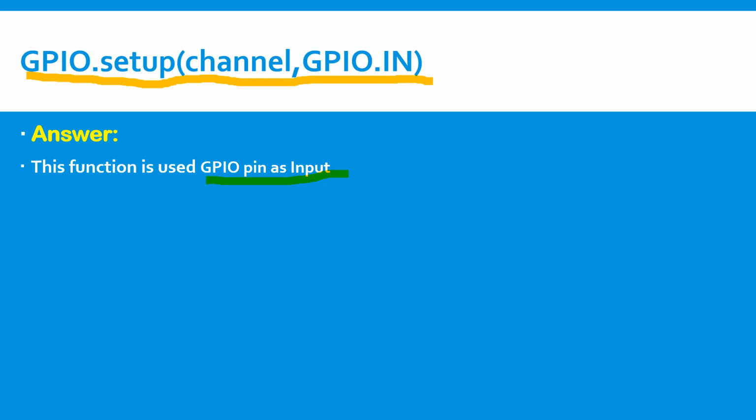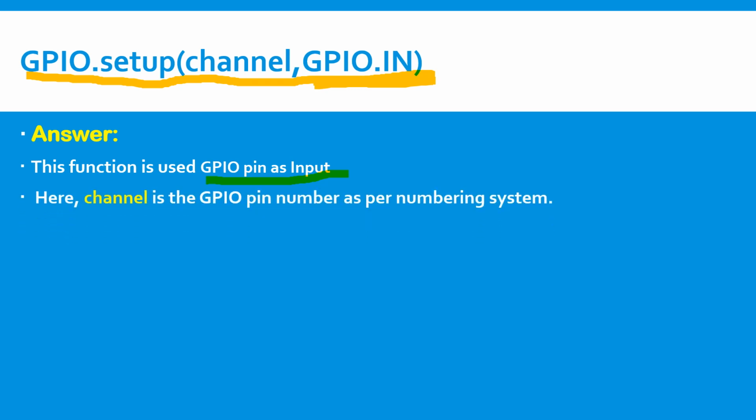Remember, this function is used to set GPIO pin as a input because we have written here GPIO.in, and therefore it is used as a input. Again, channel is nothing but GPIO pin number as per the numbering system.